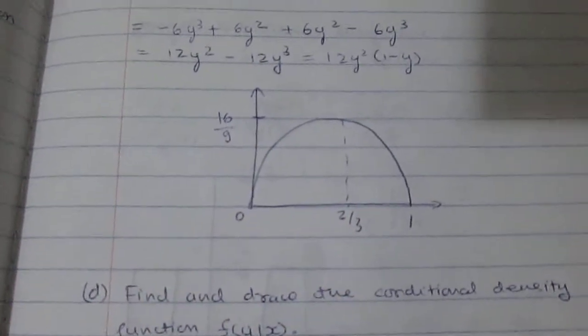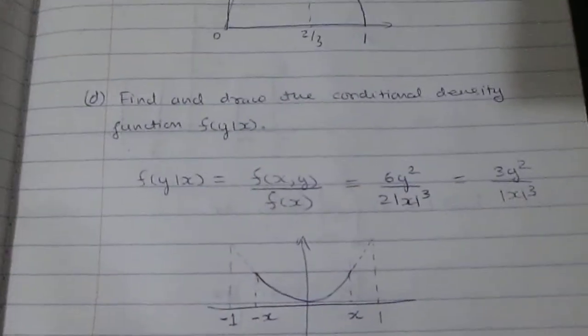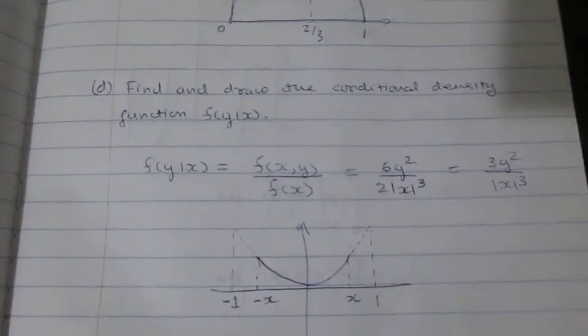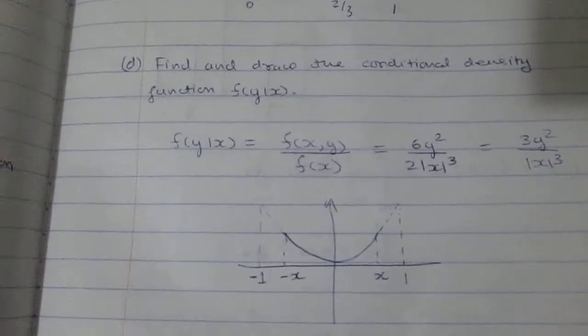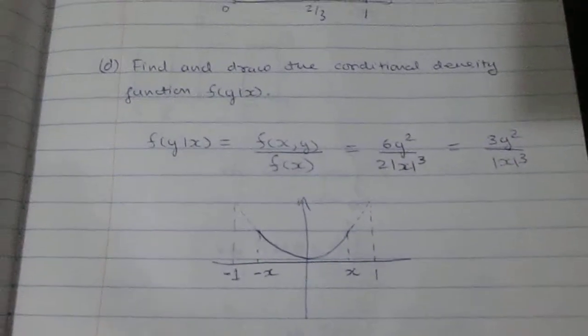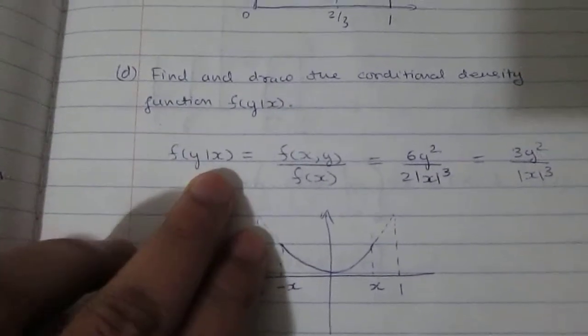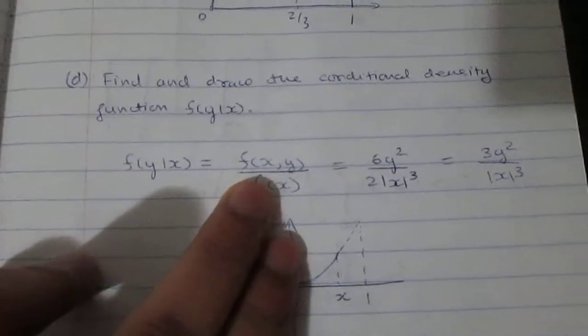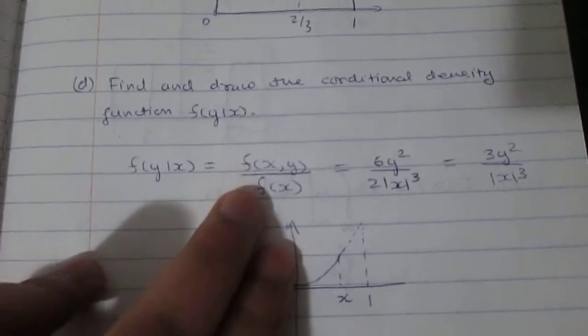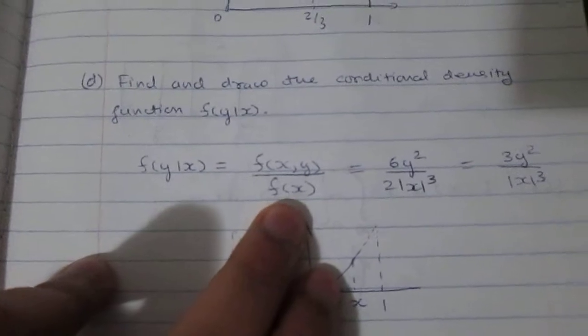So the next question is we have to find and draw the conditional density function of f(y given x). So we know that the formula for y given x is the joint density function divided by the marginal density function of x.